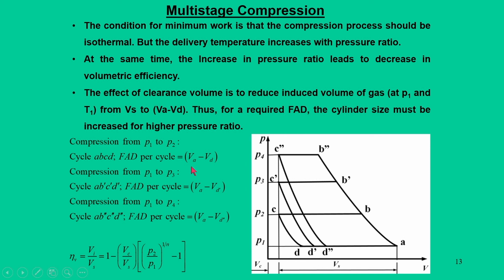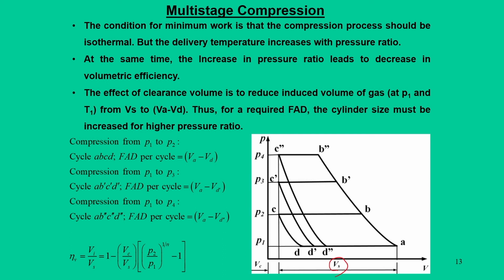The free air delivery per cycle would be V_A minus V_D. Now, if you go to another compression from P1 to P3, your FAD per cycle would be V_A minus V dash, and if you go from P1 to P4, it will be V_A minus V double dash. So, what we have seen is that with zero clearance the volume was the swept volume.